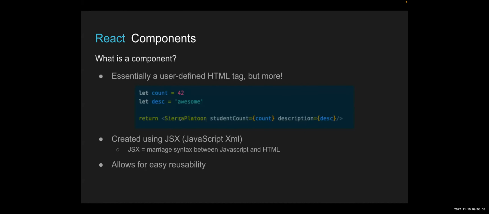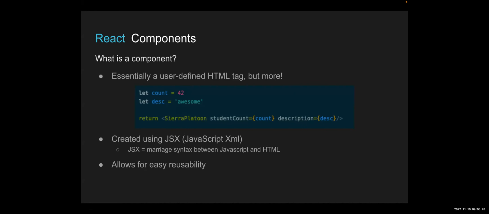This syntax is called JSX. It's JavaScript XML, and it's basically a marriage syntax between JavaScript and HTML. You're writing tags inline with the actual functionality, and this allows for reusability.